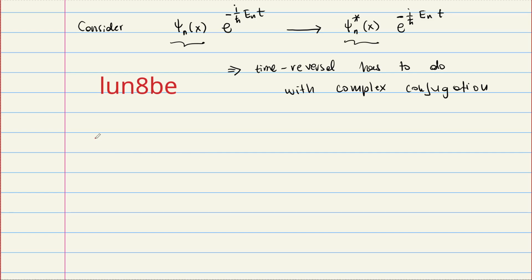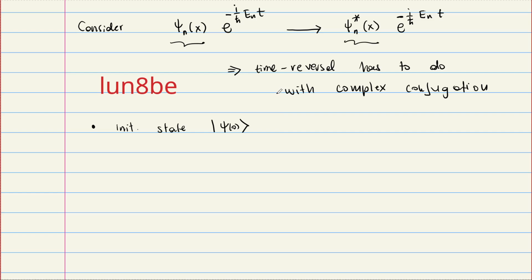Now I want to introduce time reversal symmetry in quantum mechanics, right? So far we didn't decide what it is, and we need to define it. Suppose we have an initial state, and I want to use a little bit of bracket notation to shorten the notation.